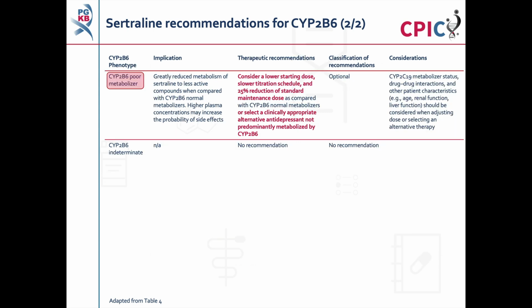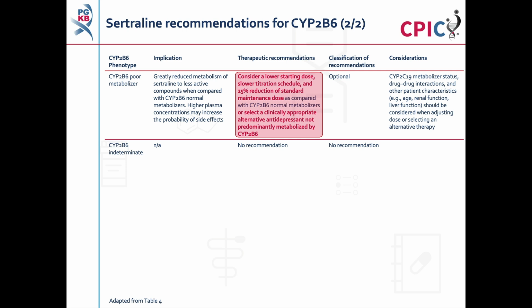Patients with a CYP2B6 poor metabolizer phenotype will have greatly reduced metabolism of sertraline compared to normal metabolizers and may also have an increased probability of experiencing side effects. A lower starting dose, slower titration schedule, and a 25% reduction of the standard maintenance dose should be considered for these patients.